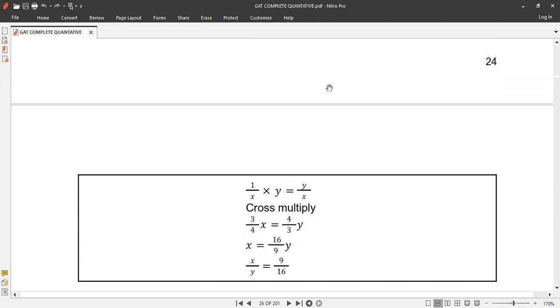Three over 4x equal 4 over 3y. So I find x.